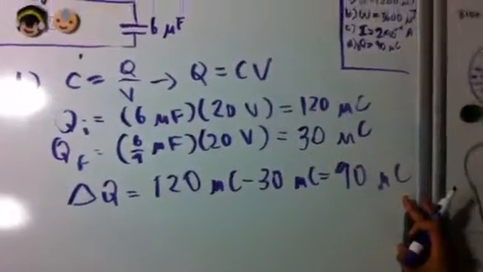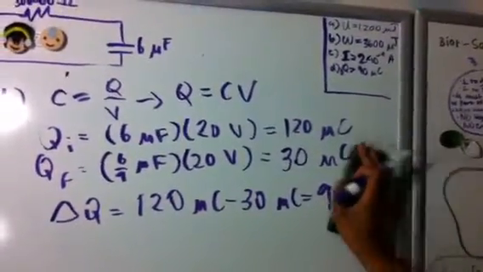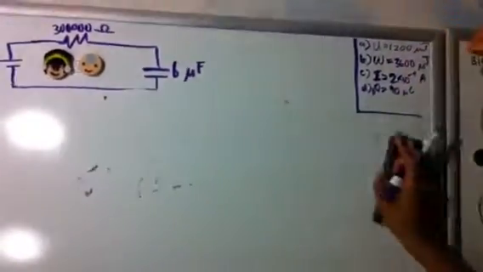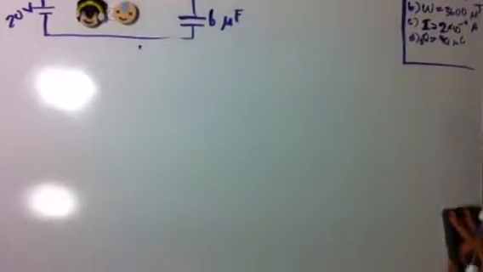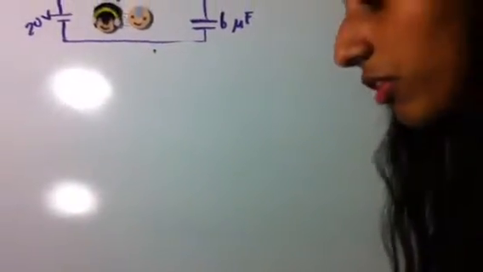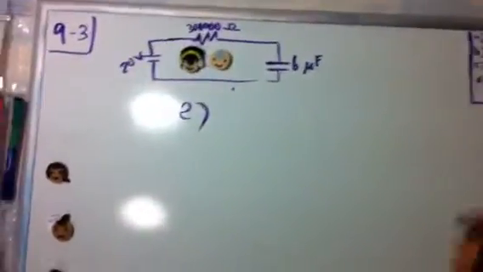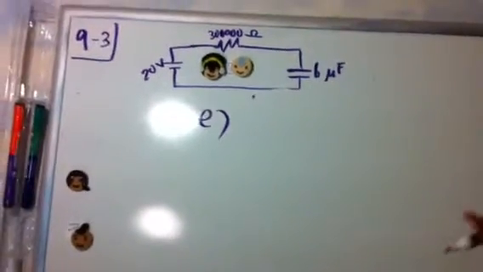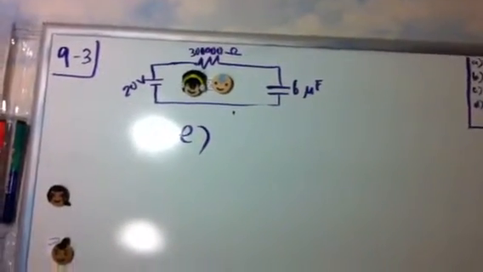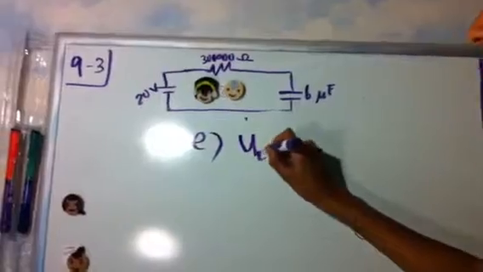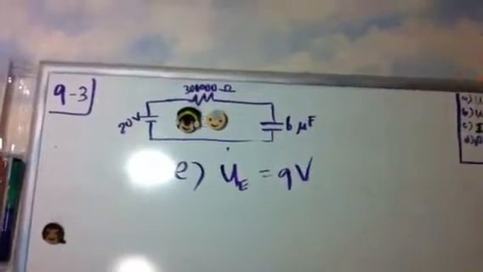Okay, cool. Now finally, part E. Determine the energy that has been added to the battery. So when they're talking about energy being added to a battery, we know that it's talking about potential energy. And if we look on the equation sheet, one of the equations is like so.